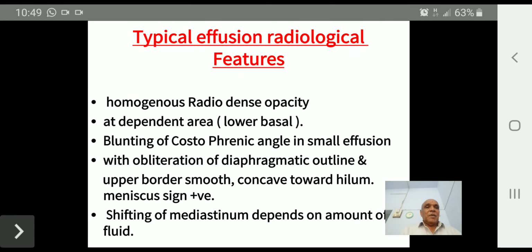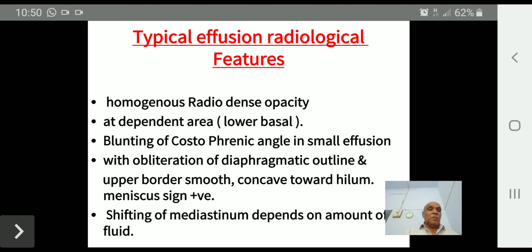Now the typical effusion. This is a homogeneous radiodense opacity, mostly at the base due to the gravitational force. There is blunting of the costophrenic angle in small effusion with obliteration of the diaphragmatic outline.